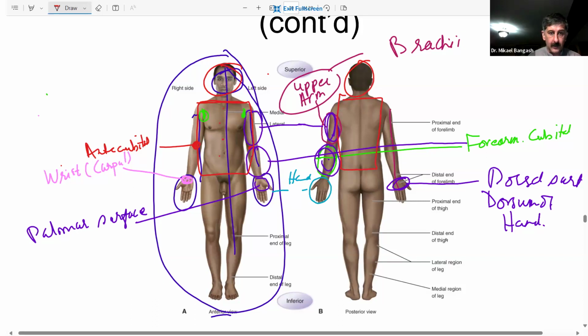If we say A and B, you have two structures whose relationship you want to specify. You can say A is cephalic to B. Did that make sense? Because A is closer to the head than B.